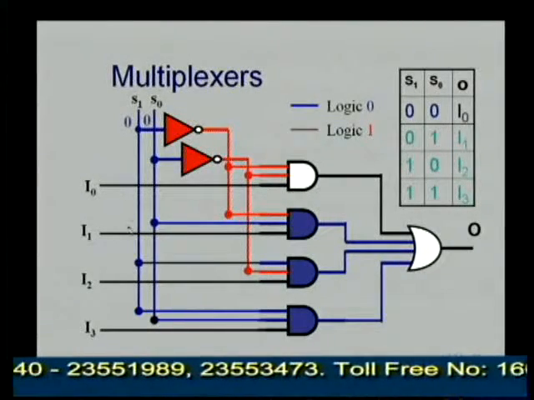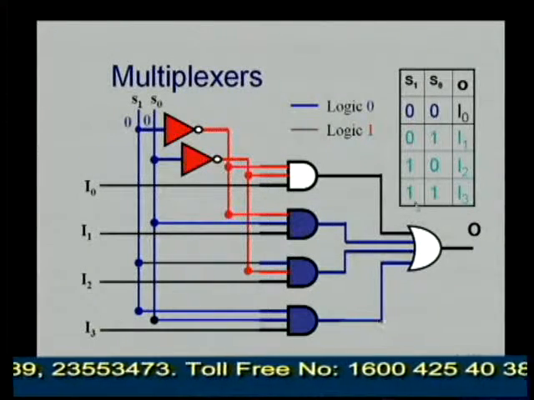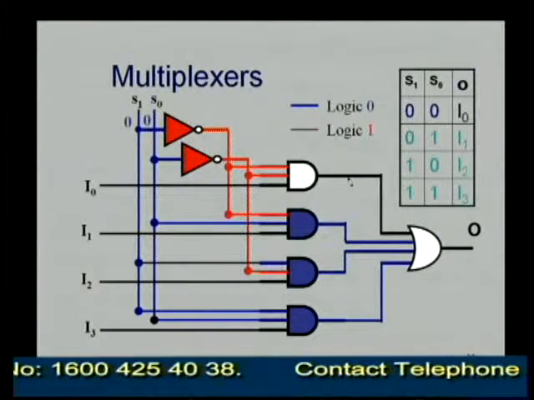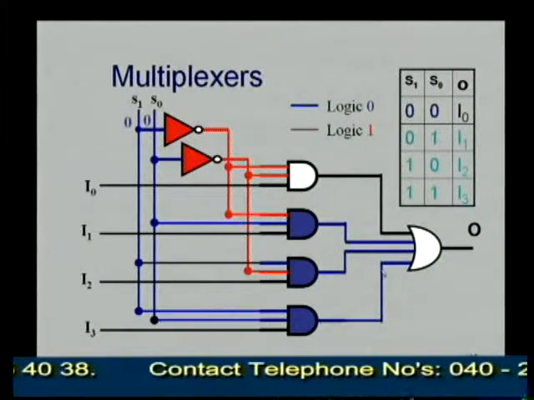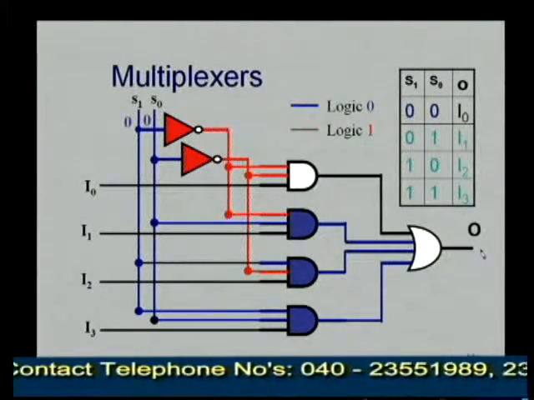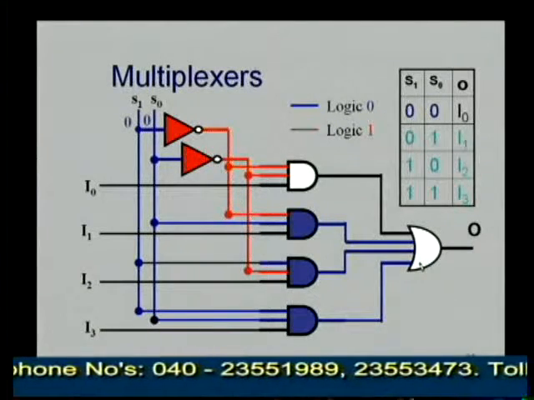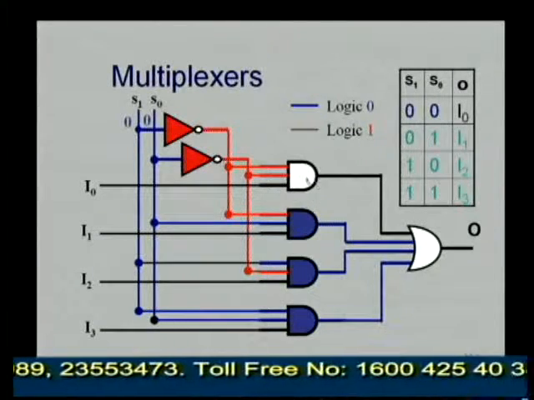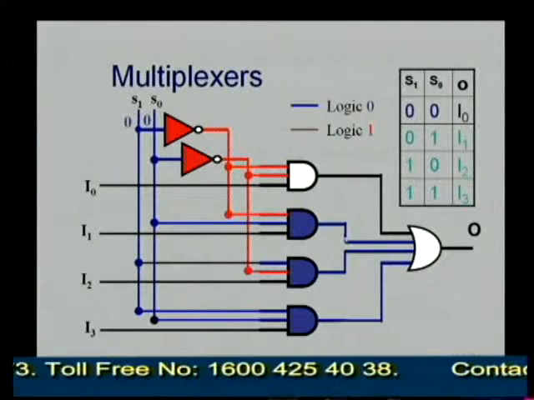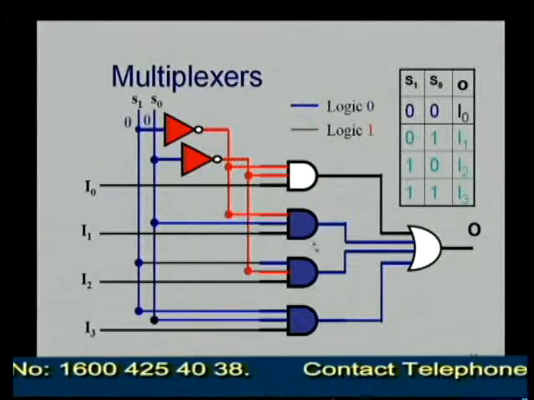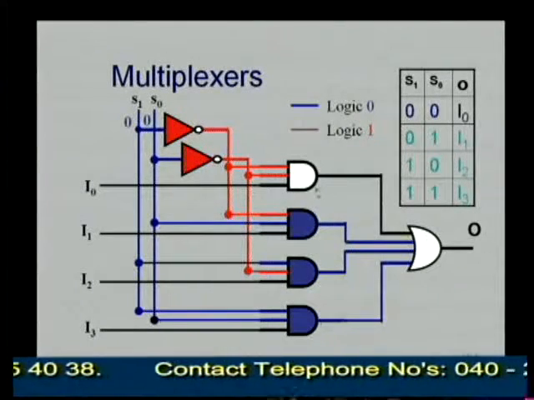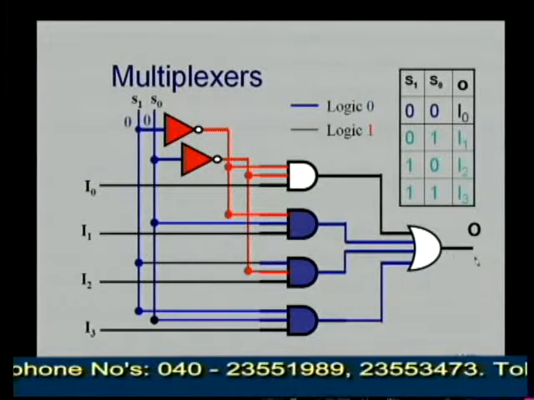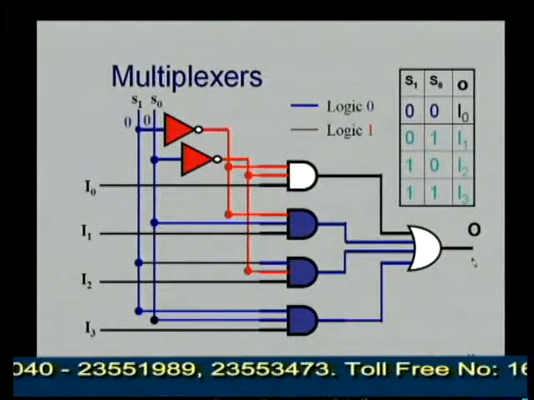If I0 is 0, the output of this AND gate will be 0. If I0 is 1, the output of this AND gate will become 1. All these outputs are connected to the output of the multiplexer through a multi-input OR gate, in this case a 4-input OR gate. Since only one output of the decoder is high and the other outputs are 0, only one output of the decoder controls the output of the whole multiplexer.